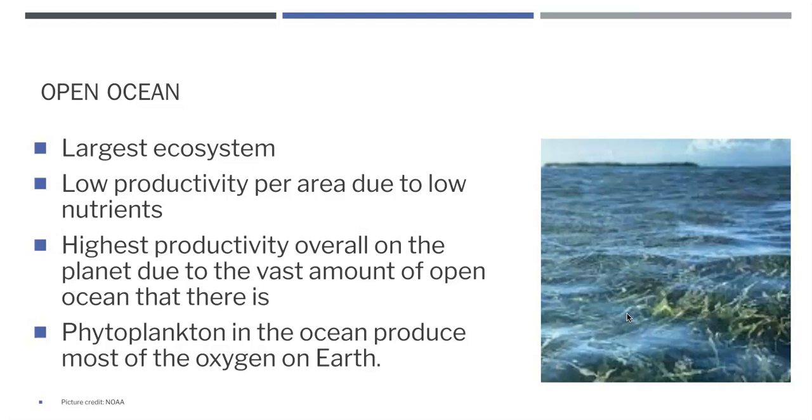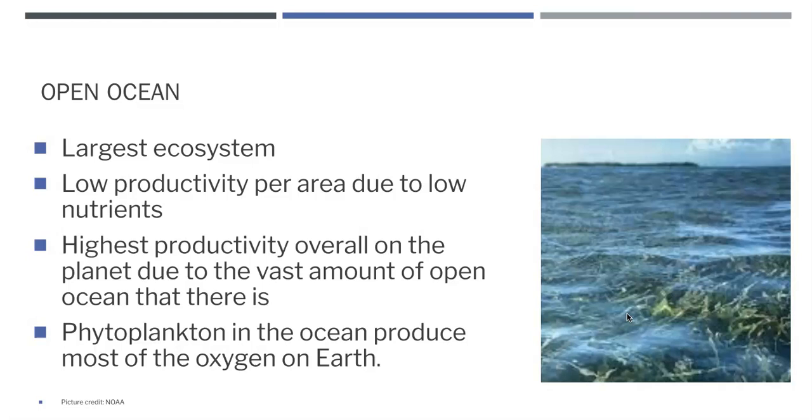Even though it has low productivity per area, so per square kilometer, it has the highest overall when you combine all its square kilometers. And it's really important because phytoplankton in the ocean produce most of the oxygen on Earth. When you hear that trees make oxygen for us to breathe, yeah, they do. But most of our oxygen is from plankton.